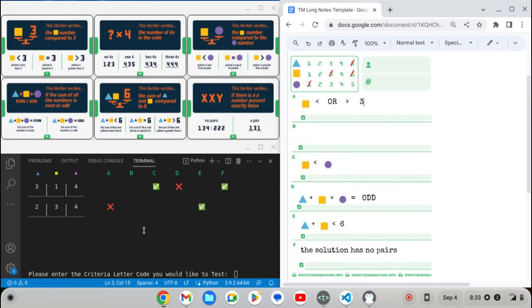Maybe, again, if we do have a single 4, we know that there's another even. So let's see, what does B tell us? Okay, so we know there isn't a single 4. So I guess potentially we could still have 0 or 2 4s. And of course, let's not forget, could it also be a triple number?